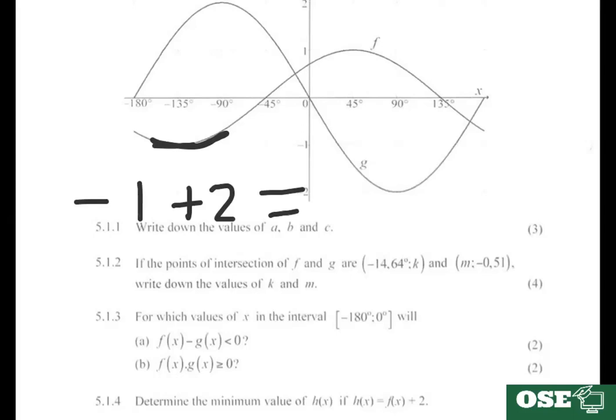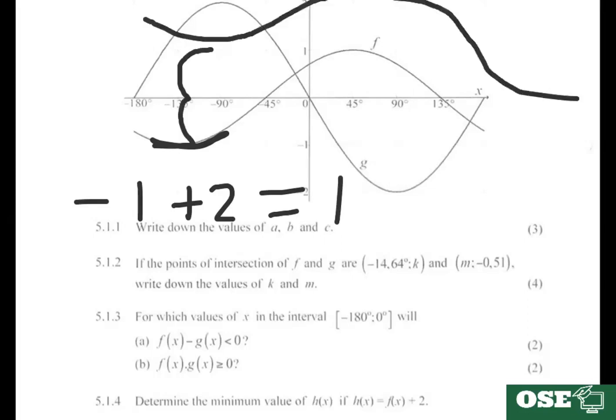So we move up 2, and our graph will now be somewhere here. It will go something like this. The graph won't change in shape. It won't shift to the left or right. It'll just go up by 2 units. I hope that makes sense.